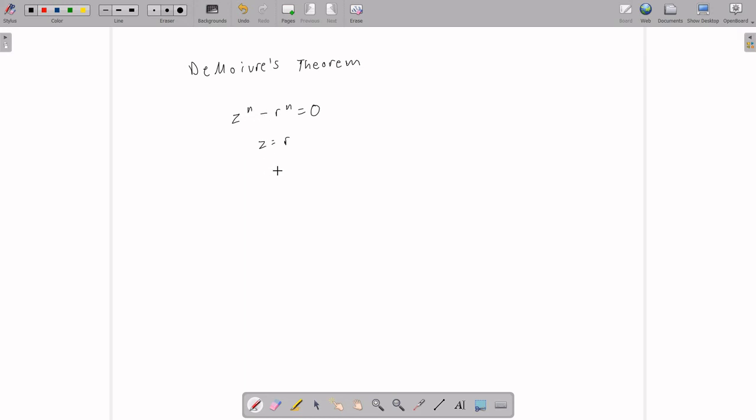These n-1 other roots are all complex. So how can we find them? Well, De Moivre's theorem states that every other root takes the form of this. So I think this is 2 pi i k over n, where k is some integer.